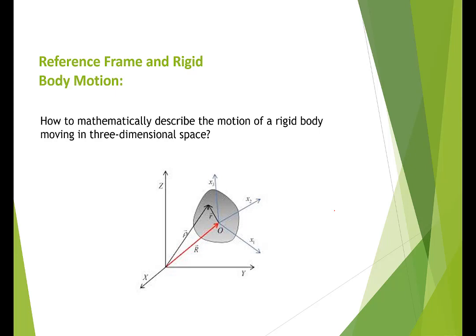We're going to start with rigid body motion and using reference frames, something that you've heard about in the vision part of the course as well. The problem is, how can you mathematically quantify motion of an object, the robot or a piece of the robot, in three-dimensional space? We're going to talk about reference frames and how they can be used to do so.